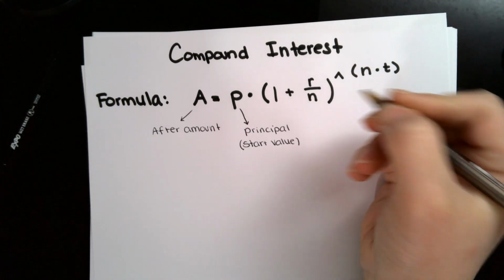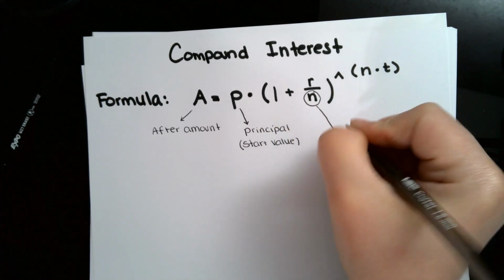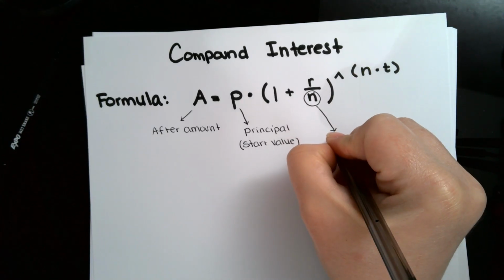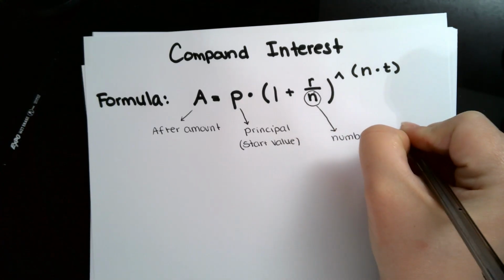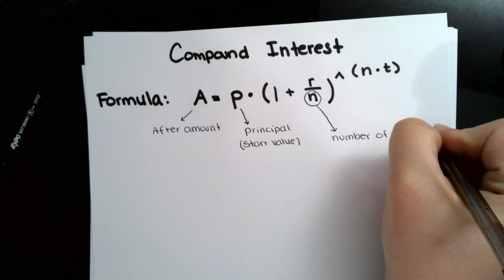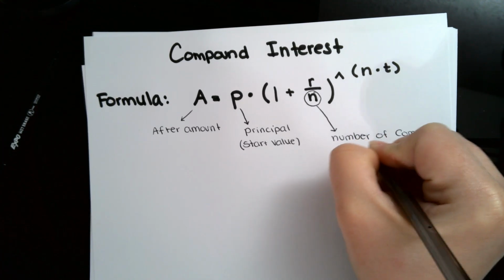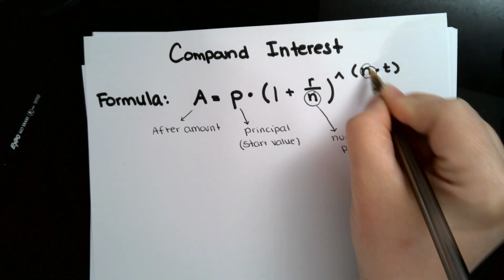One is just the number 1. N is going to be your number of compounds per year. So each year, and notice that we have 2 N's.